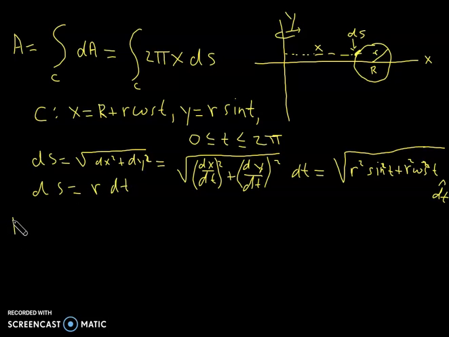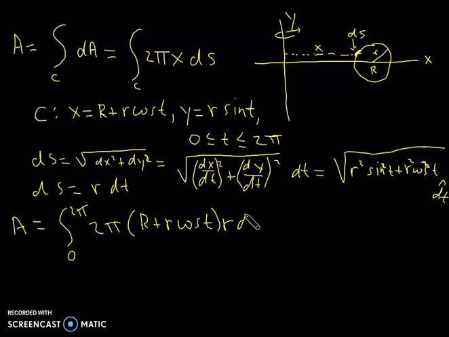Okay, so we're ready to go now with our integral that's going to give us our area. We get A is the integral as t goes from 0 to 2 pi of 2 pi times our x. But x is big R plus little r cosine t. And then times our ds, but ds is r dt.